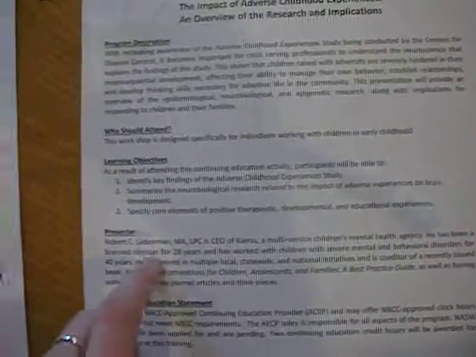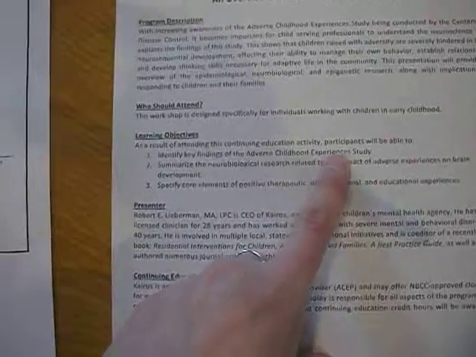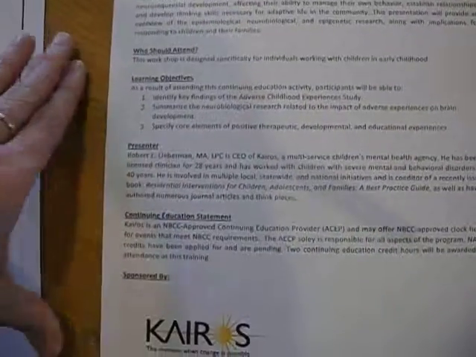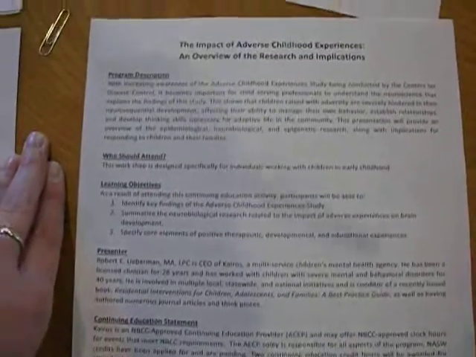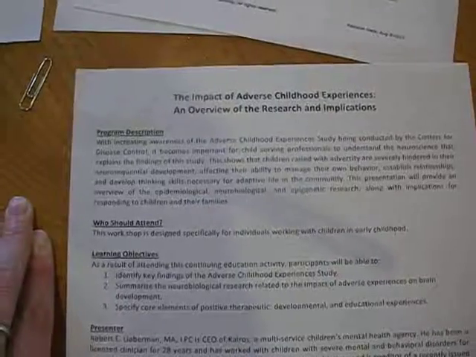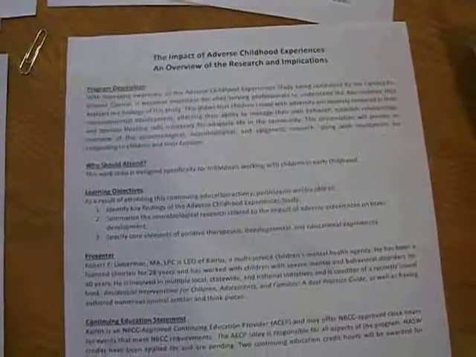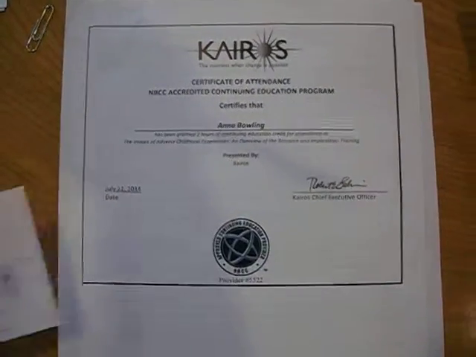So I learned how to identify key adverse childhood experiences through a study, and it helps me to understand how they react, how they manage behavior, establish relationships, and develop thinking skills, which is very important to my placement this year.